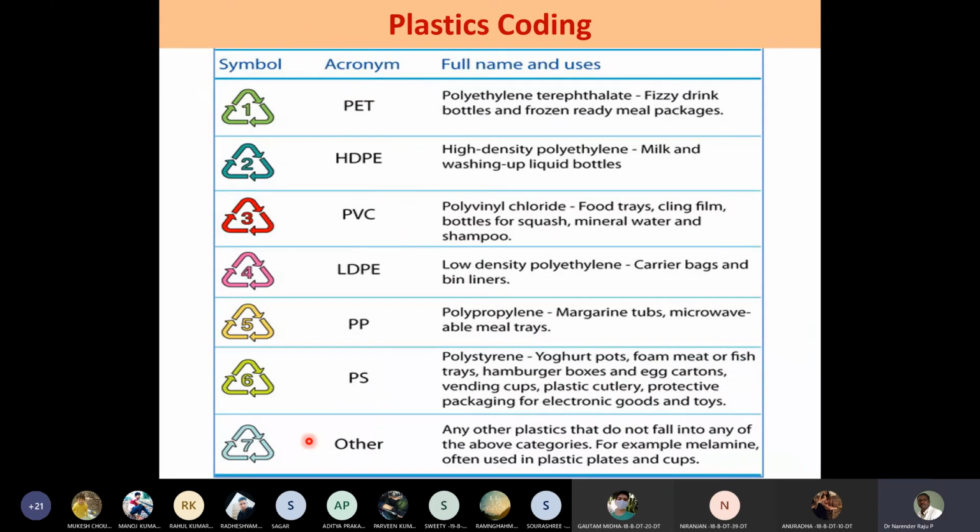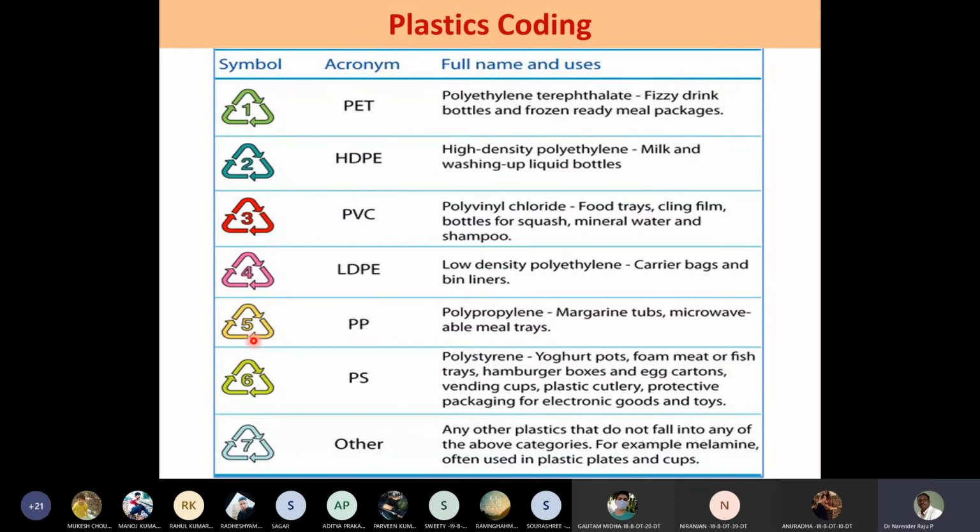Now, before ending today's class, let us discuss the plastics recycling codes. Many a times you find these numbers in a triangle with continuous arrows, which are called recycling codes. Most people get confused with these numbers, thinking they indicate that it is recycled once, twice, thrice, or 4 times, 7 times, whatever it is.